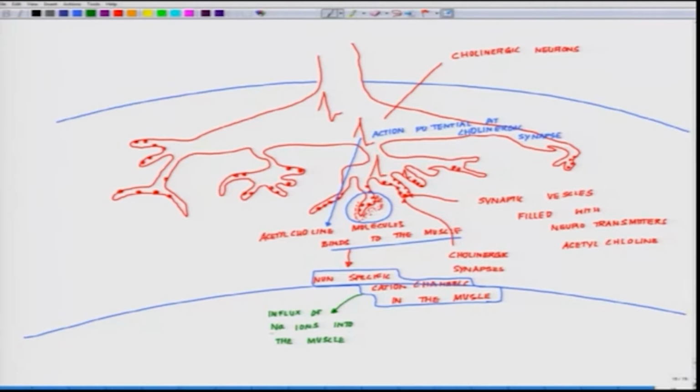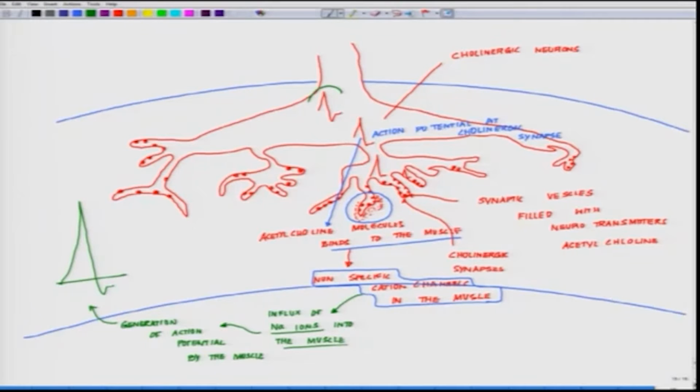This influx of sodium ions leads to the generation of an action potential by the muscle. And in that process, the muscle generates its own single action potential.